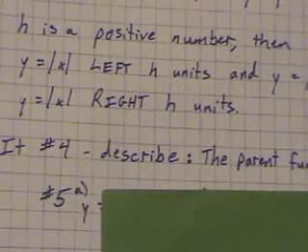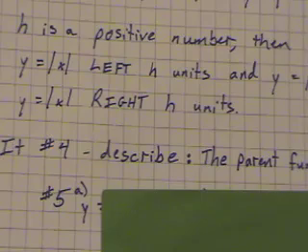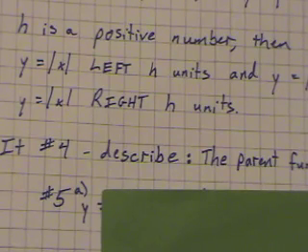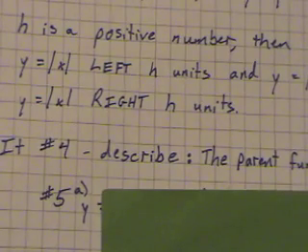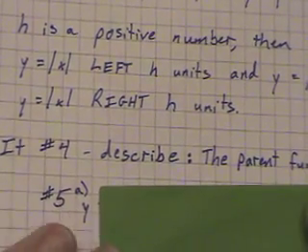And lastly, problem 5, Got It. They give you 2 translations for the parent function, and you need to write the equations that would create the correct graph. Go ahead. I'll show you the answers when you're ready.